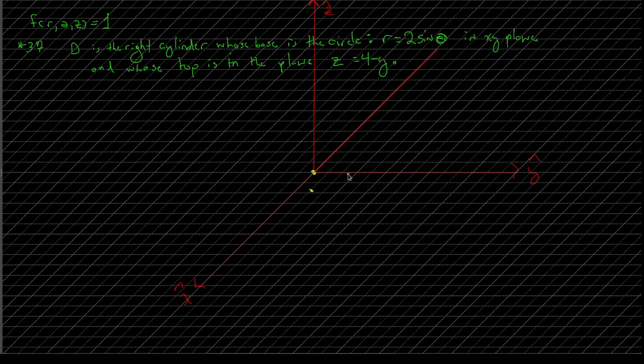At 90 degrees, 1, 2, 3, 4, I'm here. At 45 degrees, what am I? Root 2 over 2. So that's root 2, which is 0.7.